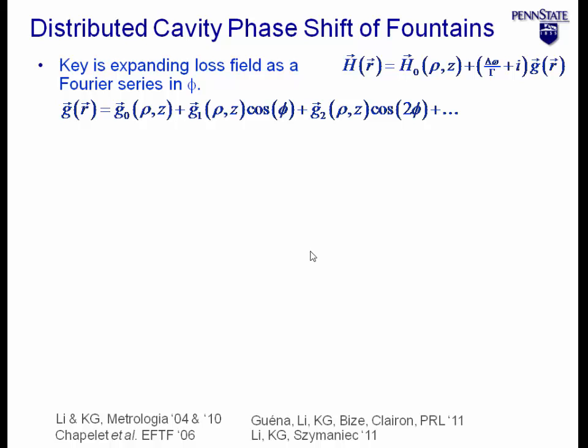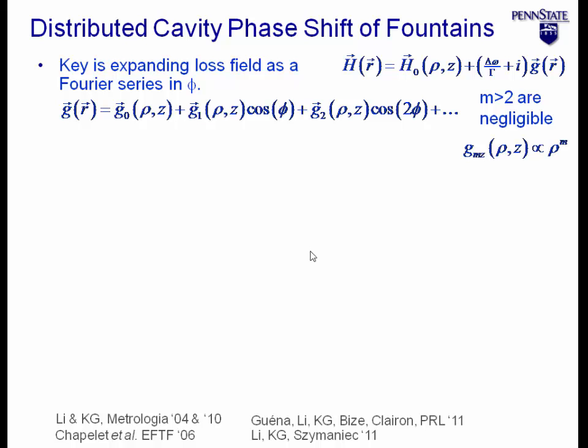The key thing is to expand the loss field into an azimuthal Fourier series. That is useful because for the higher-order terms, the field at the center of the cavity grows as rho to the m. So for high powers of m, for m equals 3, for example, it's essentially negligible.